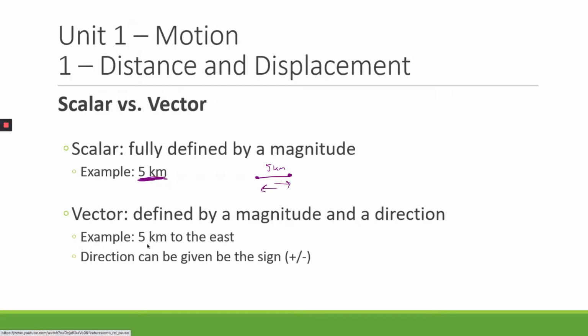So that brings us to a vector. A vector has magnitude, 5 kilometers, and direction, east. So driving 5 kilometers east is very different than driving 5 kilometers west. So in motion, we have to define things as well as we can.